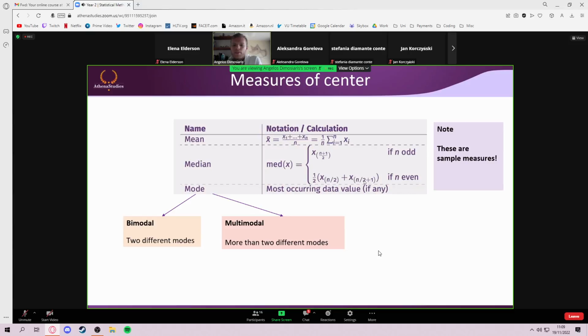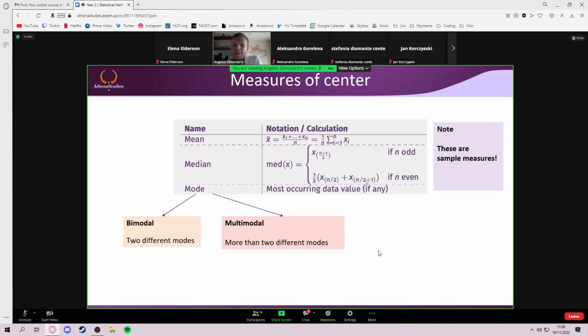Plus the X of 10 divided by 2 plus 1. That's not correct, the plus 1 should be outside of the parentheses. So it's the value between participant number 5 and participant number 6.